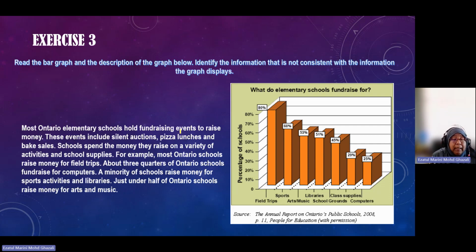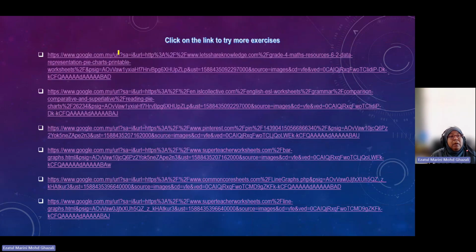So here again, the sentence is not consistent with the information displayed in the graph. Understand? These are some exercises that we can go through which are related to graphs and charts. Let us have a look at one if we can.